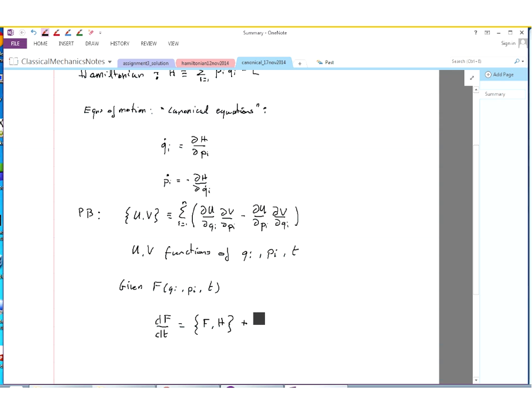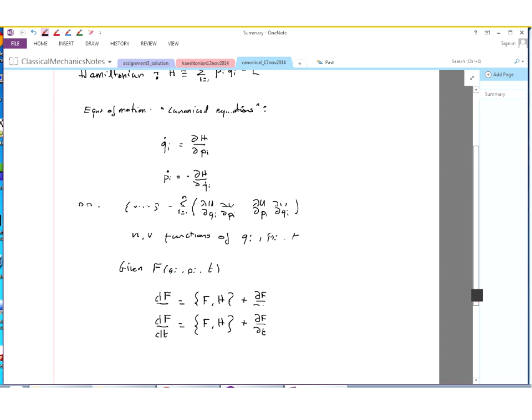And in principle, if f depends explicitly on t, there's a ∂f/∂t in there. And so this is a very important observation, that the Poisson bracket of something with the Hamiltonian tells us how something depends on time. And we saw that, in effect, was related to the symmetries of the Hamiltonian with respect to time.